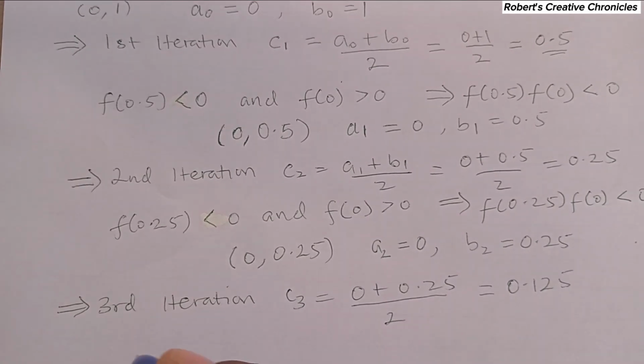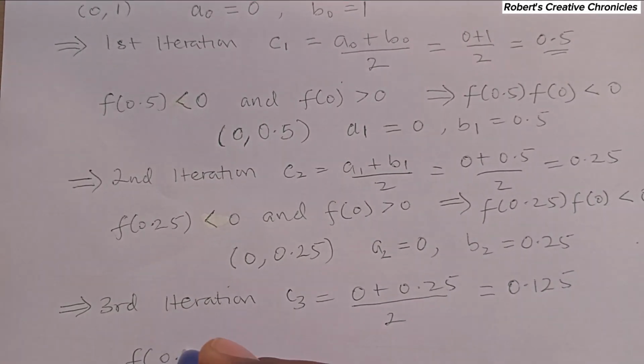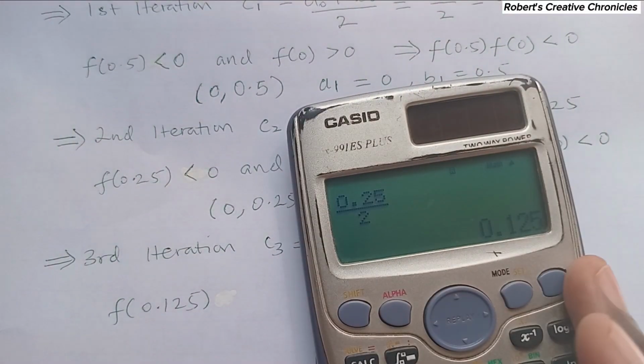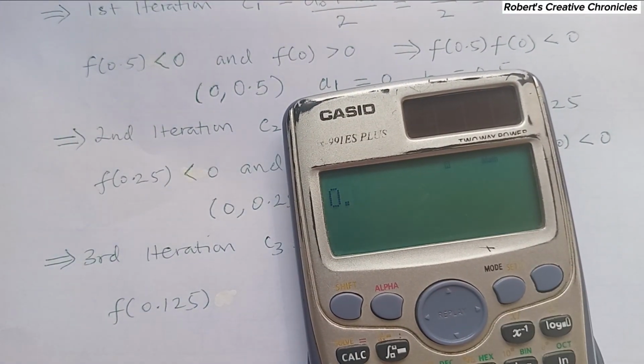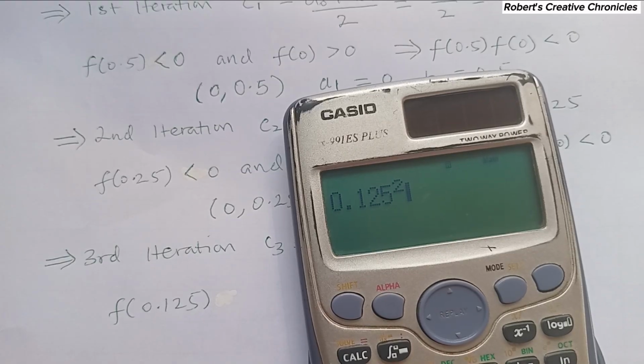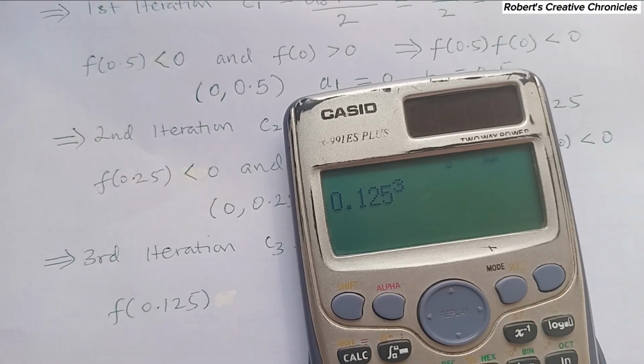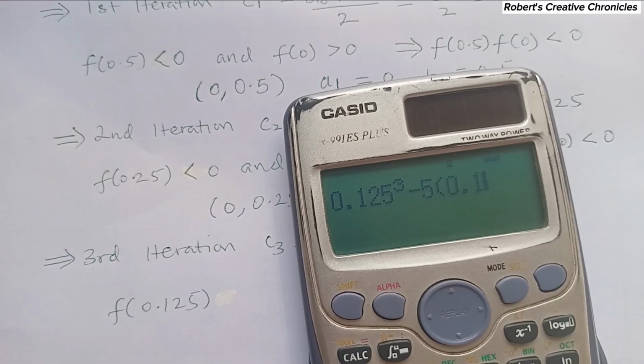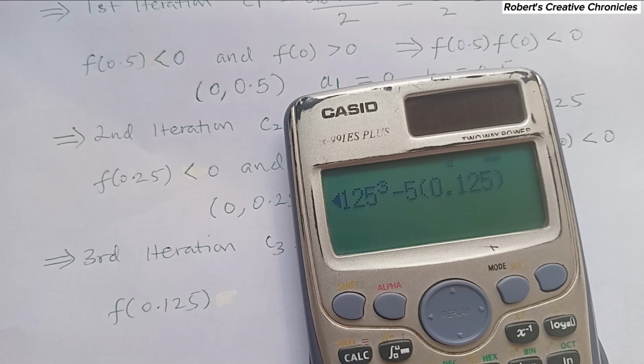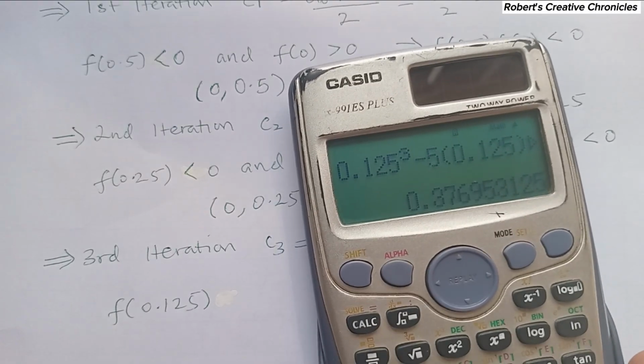So now we'll find the function of 0.125: 0.125 cubed minus 5 times 0.125 plus 1. So this is positive.